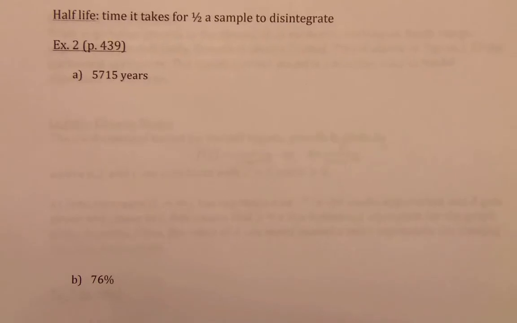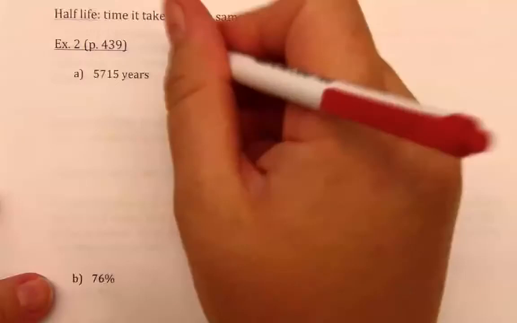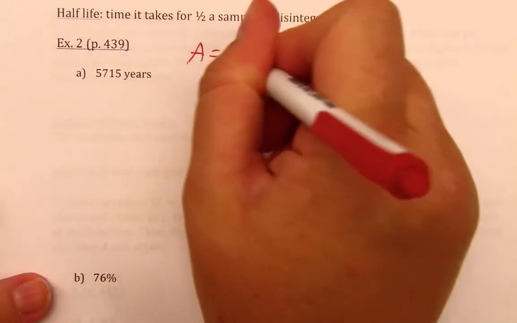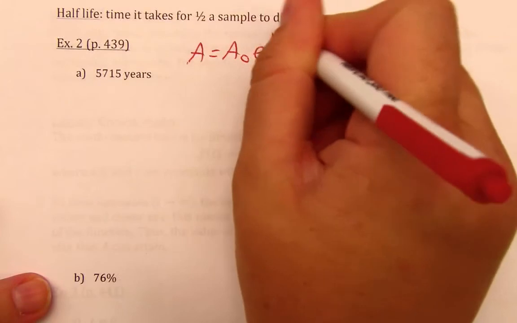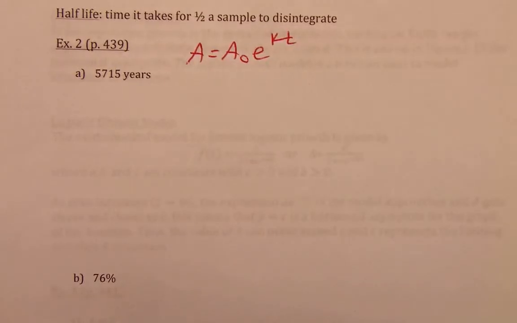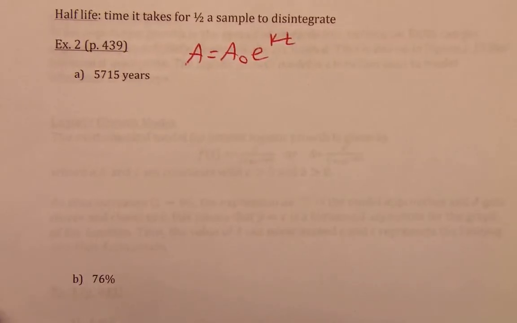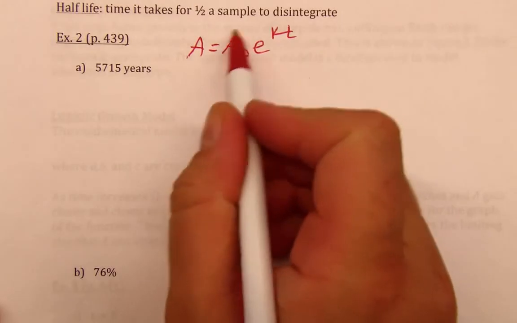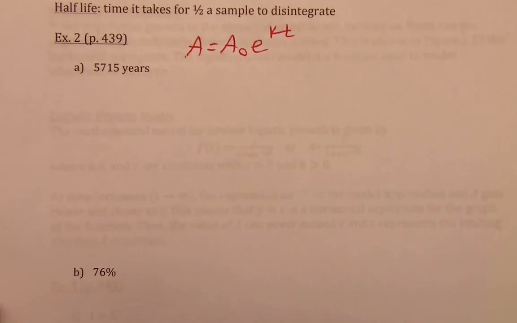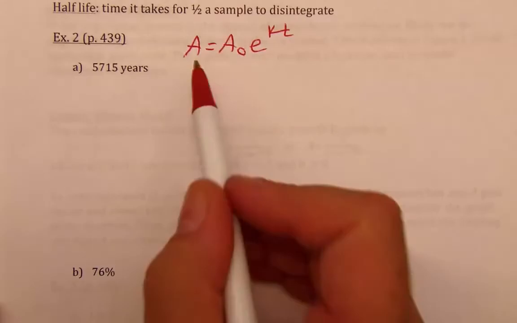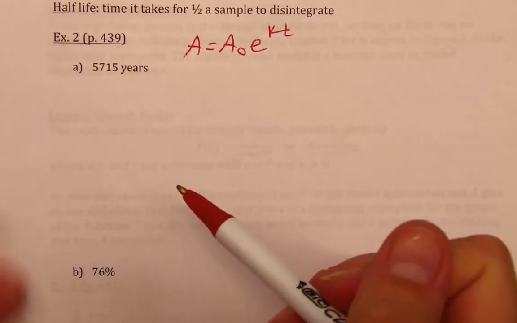So, with this example, we said that the half-life is 5,715 years. We're still using the same formula to solve, and we don't know how much the original was. We don't know how much the original fossil or sample held of carbon-14, but we know that only half of it is left.